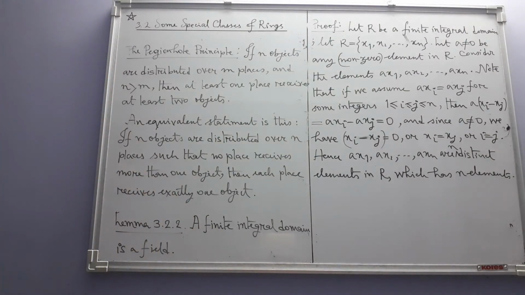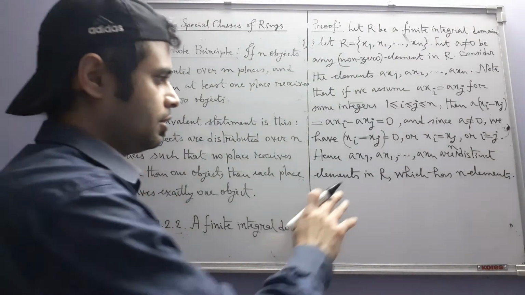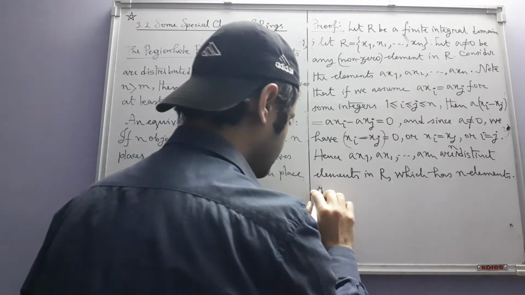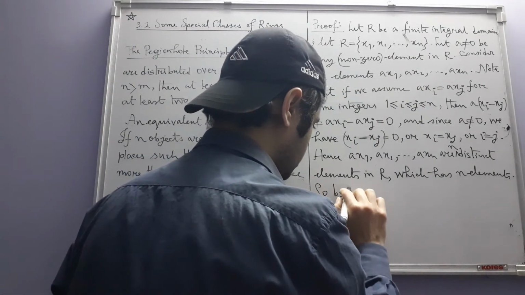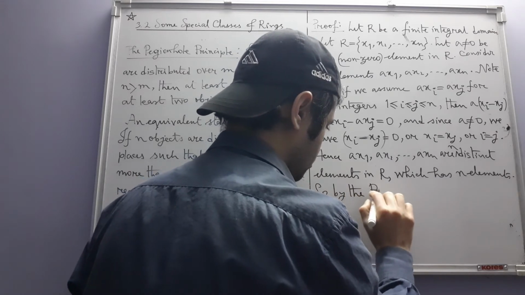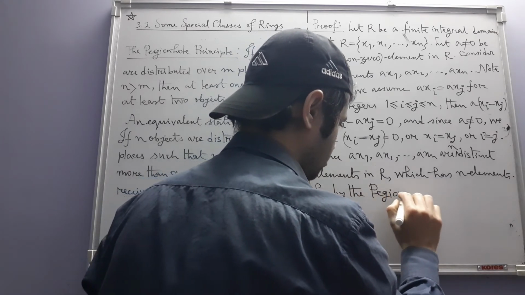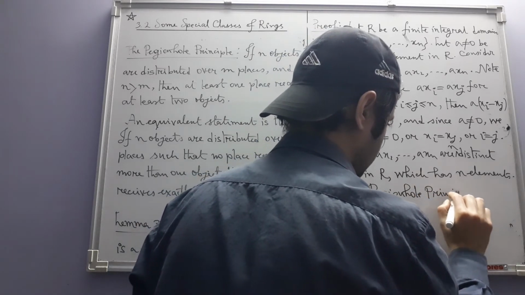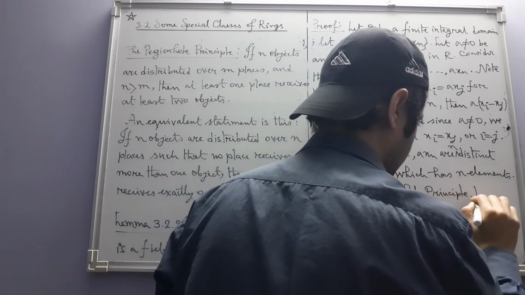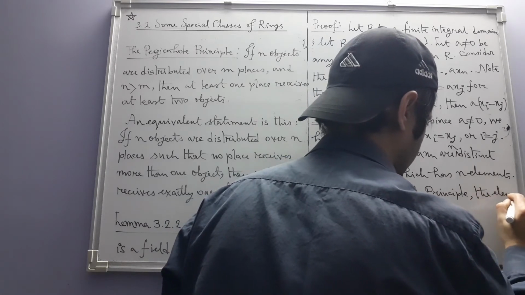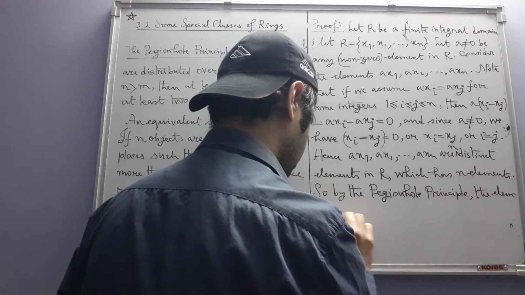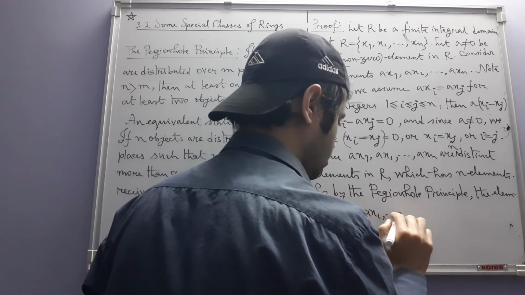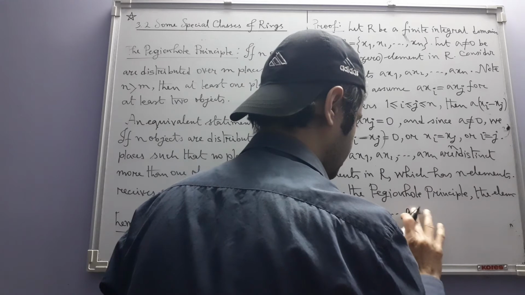So by the pigeonhole principle, the elements ax1, ax2, etc.